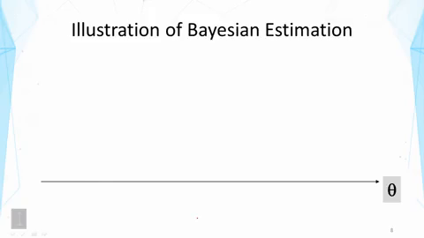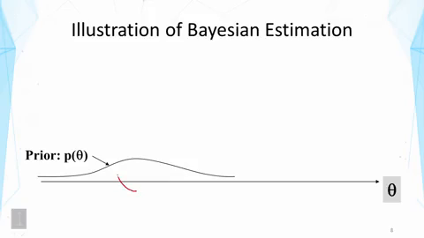First we have the prior. The prior tells us some theta values are more likely than others. We believe, for example, these values are more likely than the values here or other places. So this is our prior.